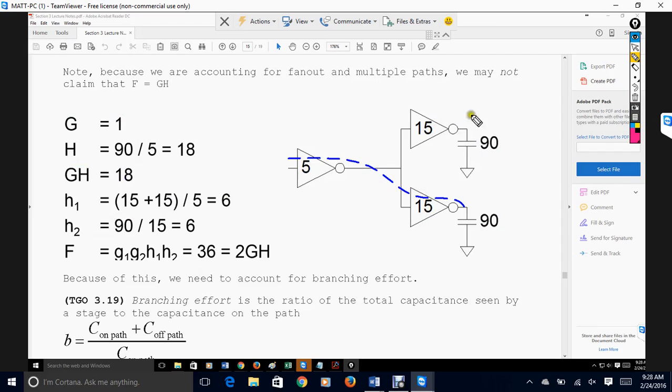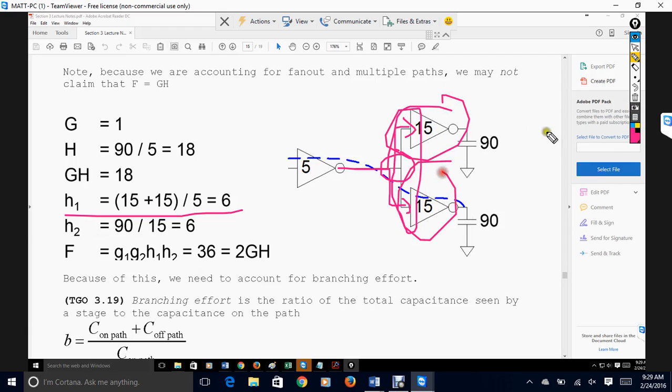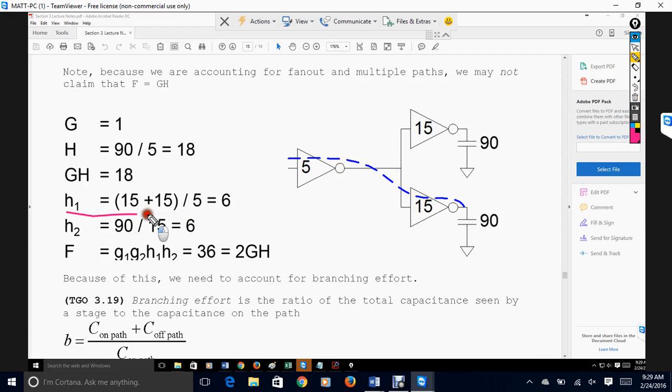So here, this fan out covers both 15 and 15, right? Because we have a fan out of 2, which means we are driving both this inverter and this inverter. So H1 is going to be 15 plus 15. Does that make sense, Josh?